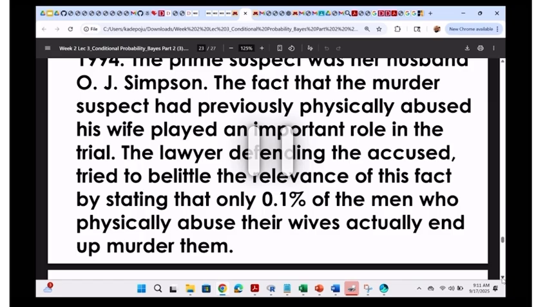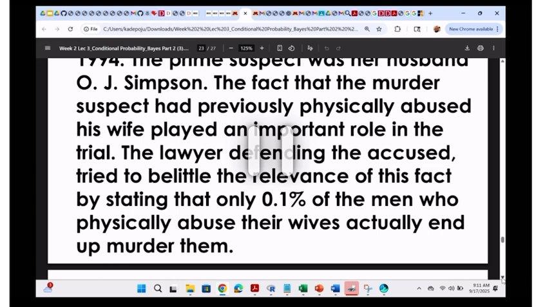He stated that only 0.1% of the men who physically abuse their wives actually end up murdering them. When you take a look at the 0.1%, that's very, very small. But that was a wrong statistic to use.